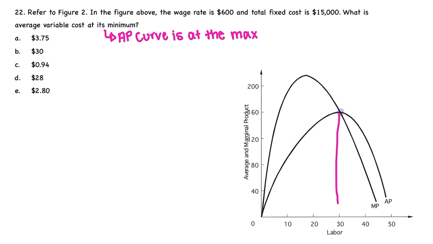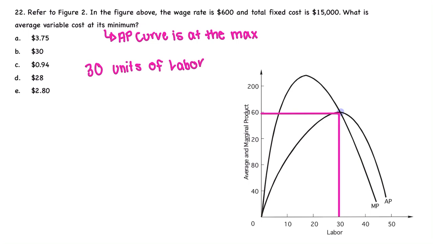So we know we're at 30 and 160. So 30 units of labor, and $160 is our output per labor, or our average product of labor.